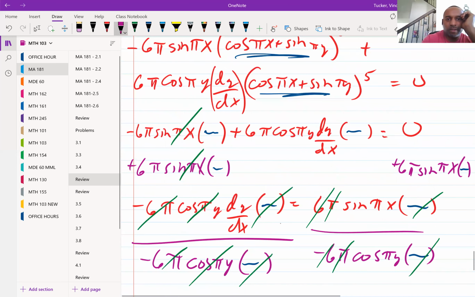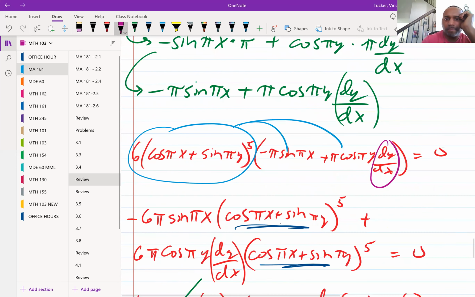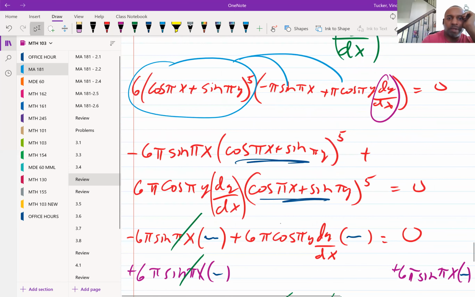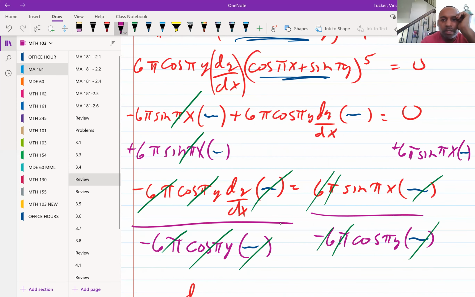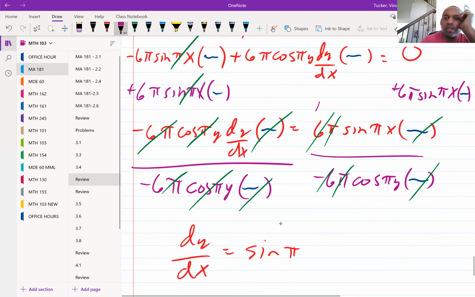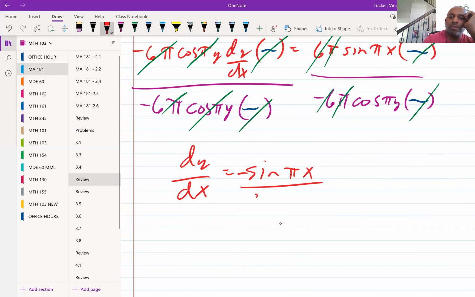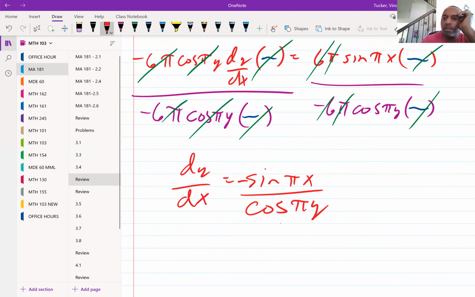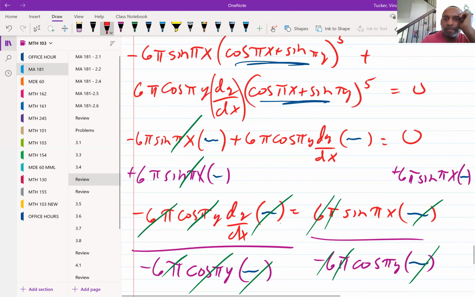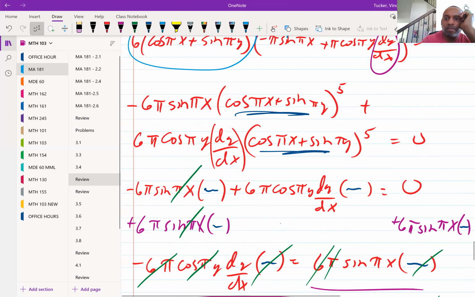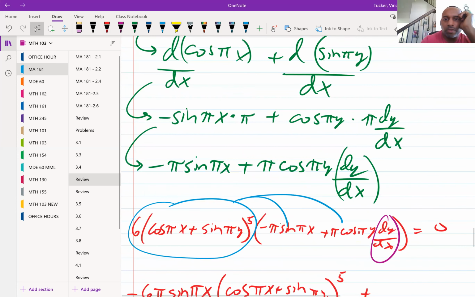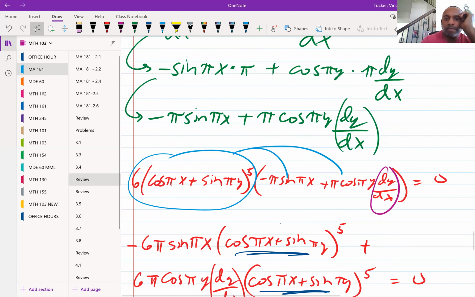Because I had a negative sign, -6 pi sine, I should have added 6 pi sine to both sides. So that's a plus. So now when I divide, that should be a negative here. Sine pi x, and then over cosine pi y. All the stuff canceled, just making sure.